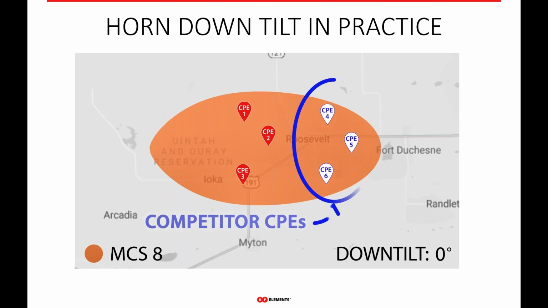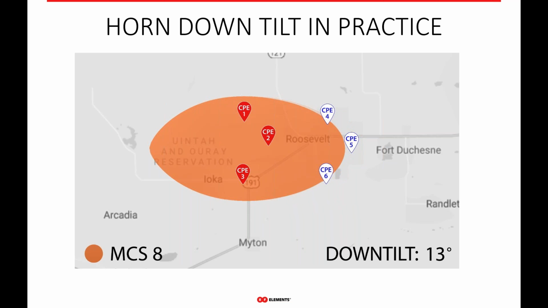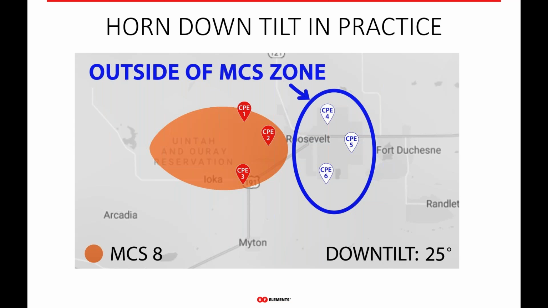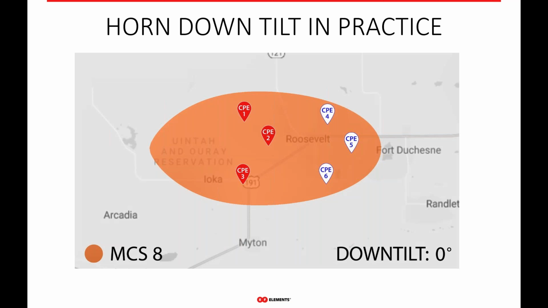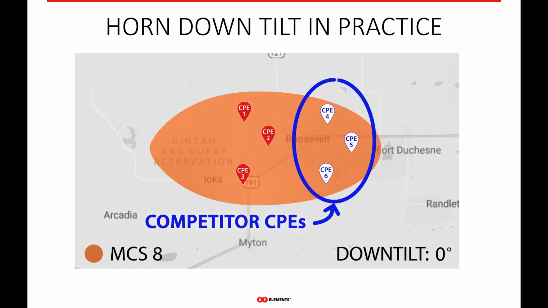Here you can see an example of how to use downtilts, right? If your customers are clustered closer to the site, and you have competitors out there that are further away, you can set the downtilts in such a way that you get the MCS zone you want to provide customer coverage at your CPE.